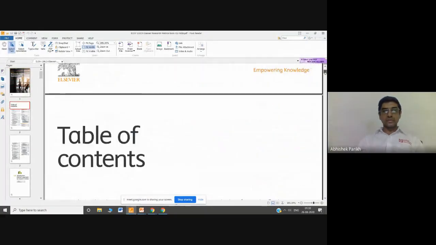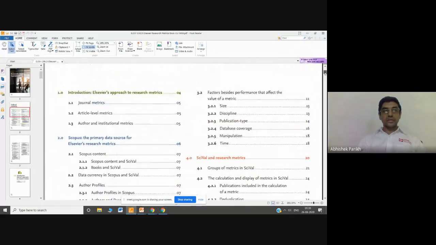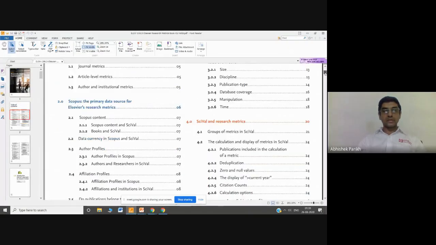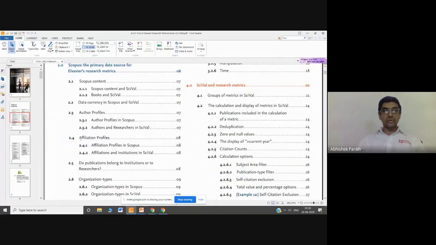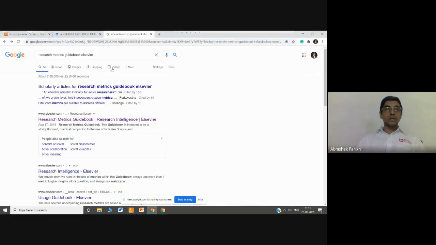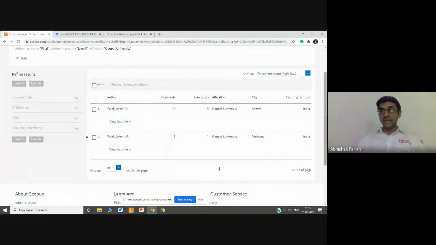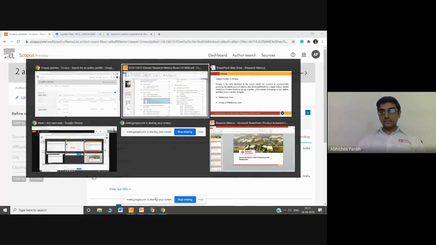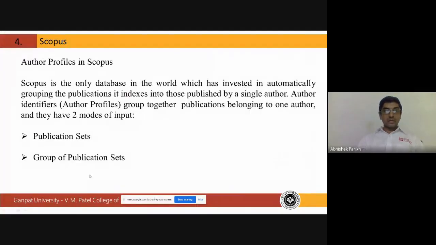Just giving you the table of contents, where I think affiliation is 2.4. This is a very important point. You may go into the detail of it, but basically this is the summarized version of the affiliation or institute-level profile. And as I already told you, the group of publication sets is defined as the institute level.